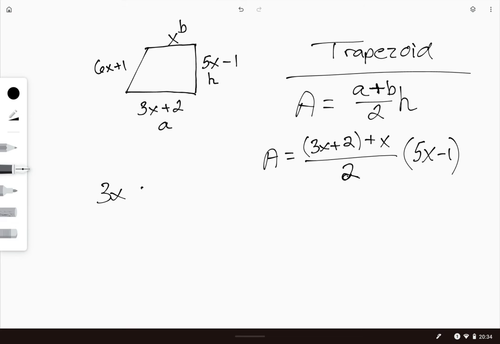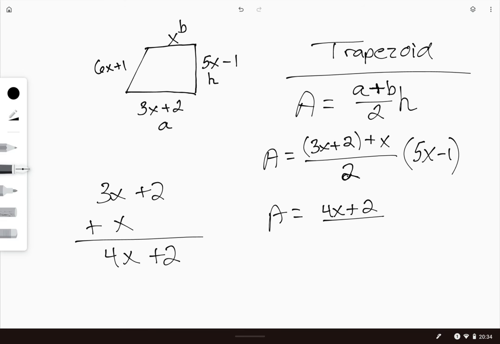So when I have 3x plus 2 plus x, that's going to give me 4x plus 2. So my next step here is I have 4x plus 2 divided by 2, and then all of that multiplied by 5x minus 1.